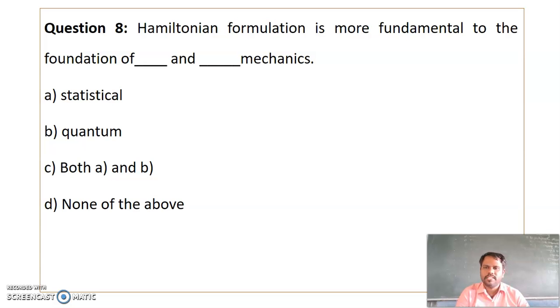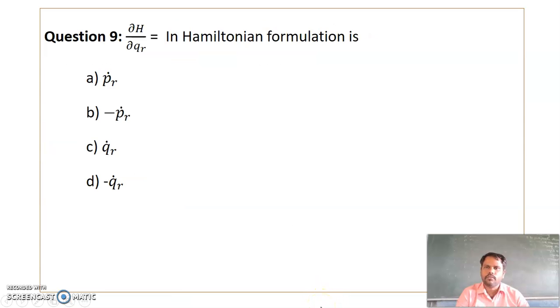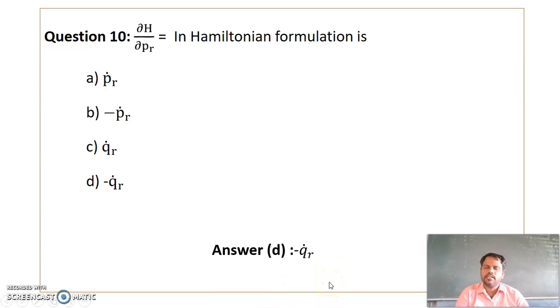Option is both statistical and quantum mechanics. So option is C. Dou H by dou q r is equal to, option is minus p r dot. So option is C. Question number 10. Dou H by dou p r is equal to q r dot.